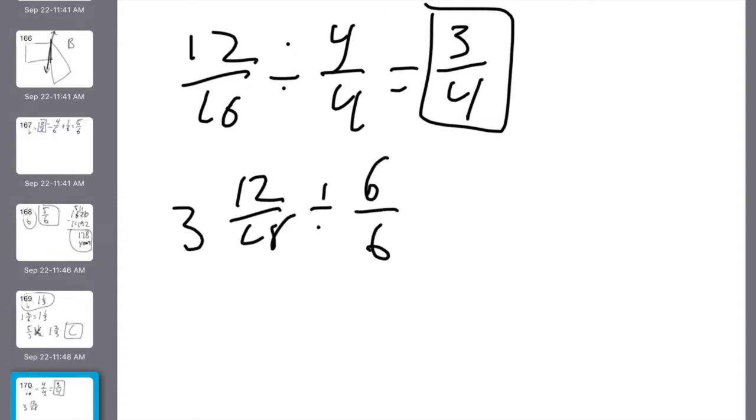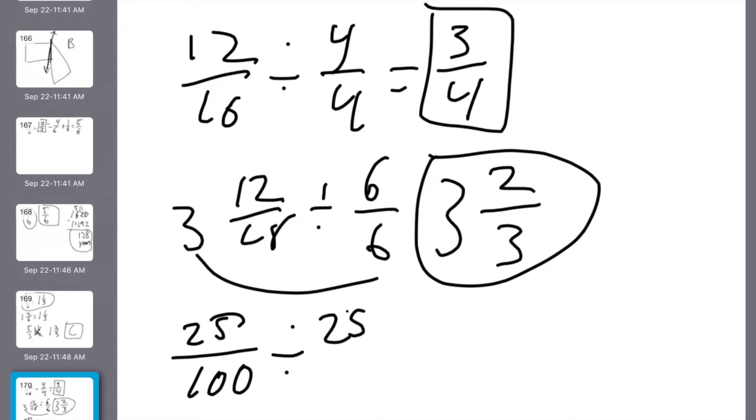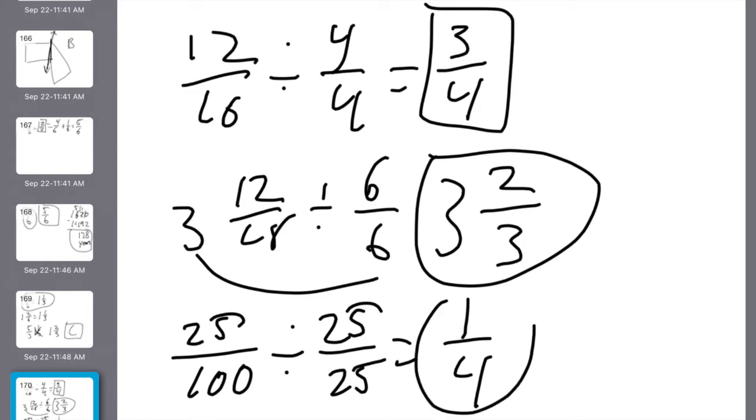I'm dividing by 6 over 6. 6 divided into 12 is 2. 6 into 18 is 3. Don't forget your whole number, 3 2/3. 25%, I remember that 25 percent means out of 100. The easiest way to think about this is how many quarters are in a dollar. Hopefully you have this one memorized, that it equals 1/4.